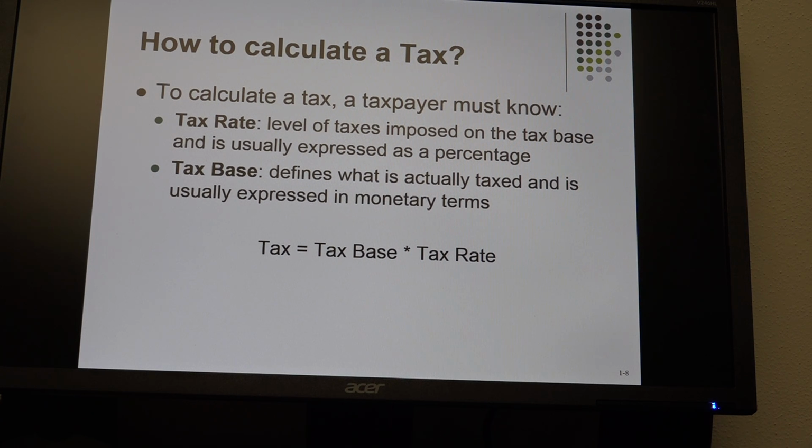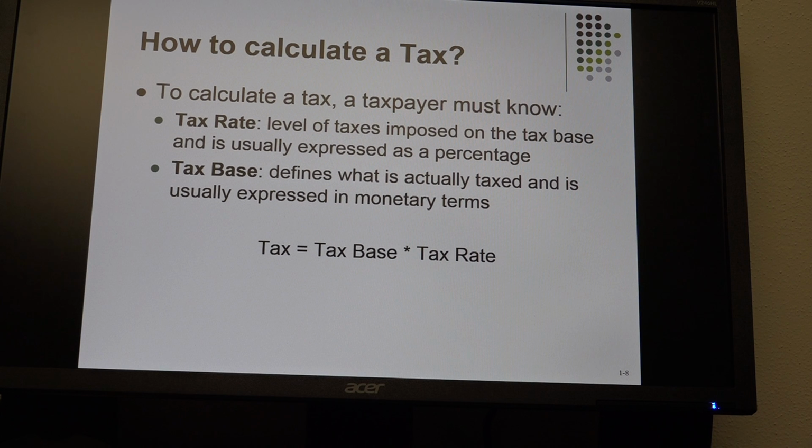And so you have $30,000 of taxable income. That's your tax base. And so you're going to take that tax base and multiply it by some percentage. That's the level of taxes imposed on the tax base and usually expressed as a percentage.